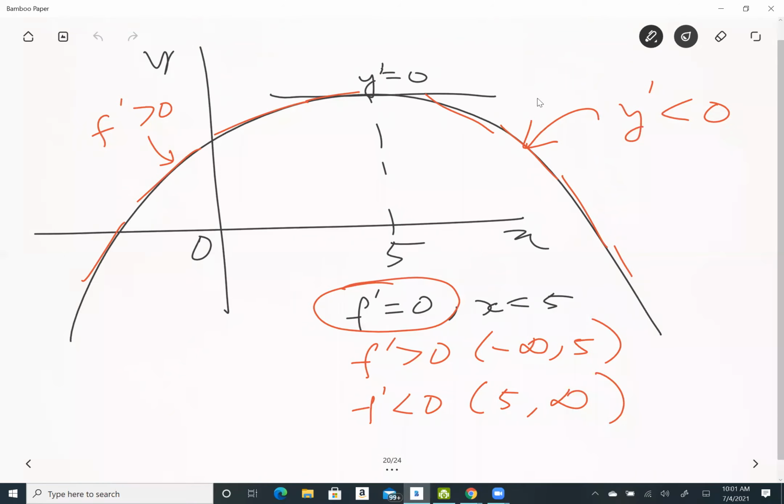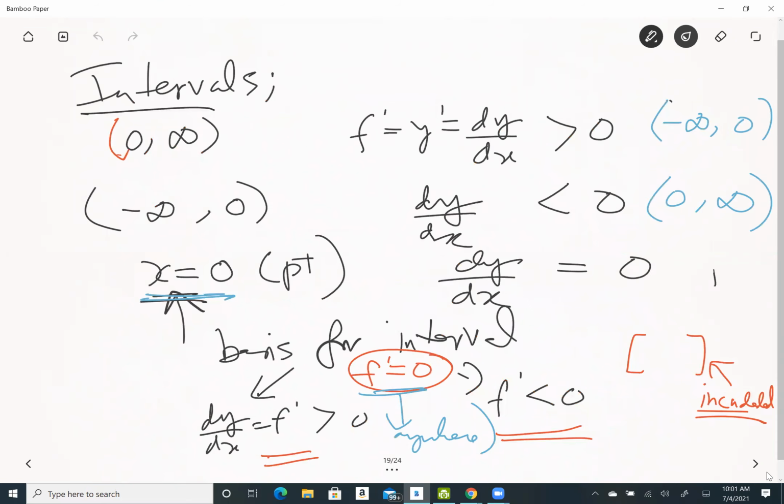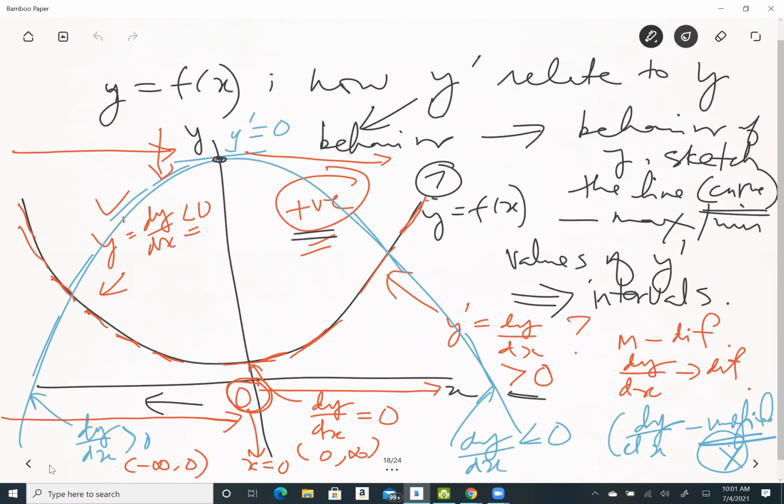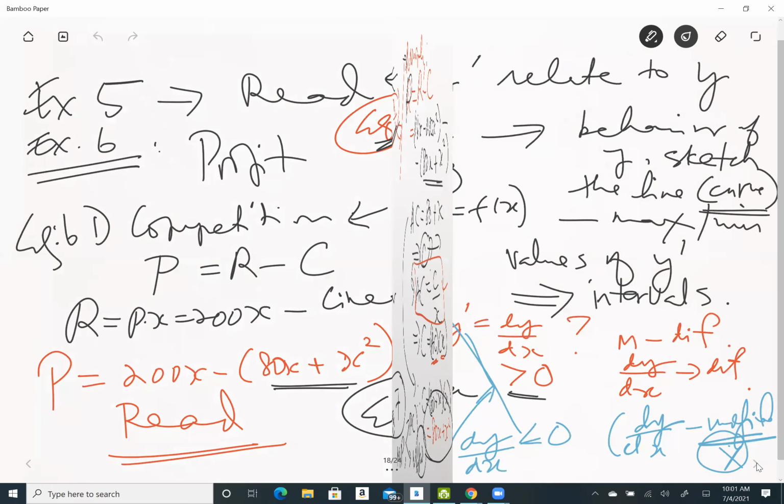And the separation point is the point where y prime is equal to 0, and that is what you call the critical point. So the point where the y prime equal to 0, we call it critical point.